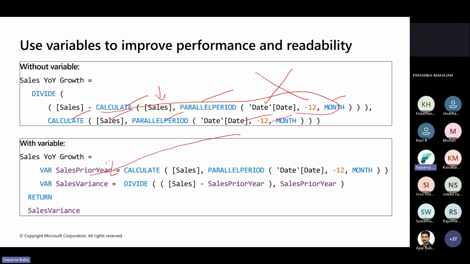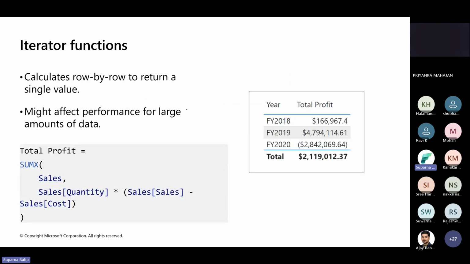I take sales minus previous year sales, divided by previous year sales, and then I return this variable. Now it is looking clean and understandable. But if you see it for the first time, at first glance you would panic: what is this, why are they repeatedly doing PARALLELPERIOD again and again? That's why variables are very helpful for a clean way of writing DAX.